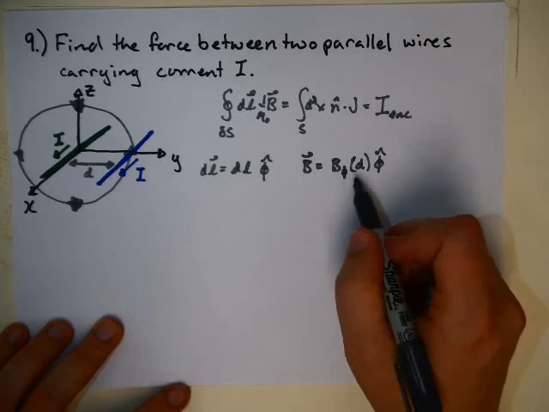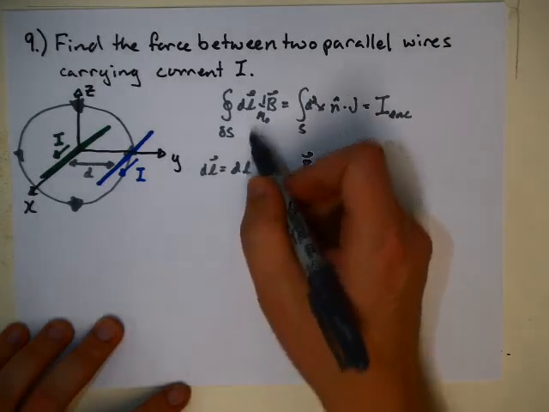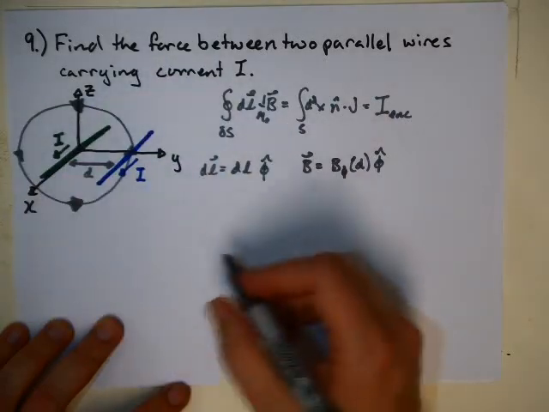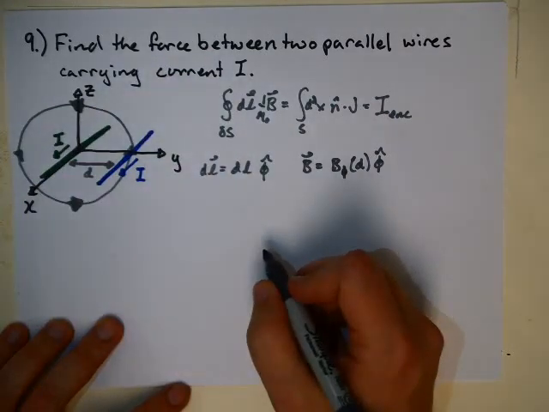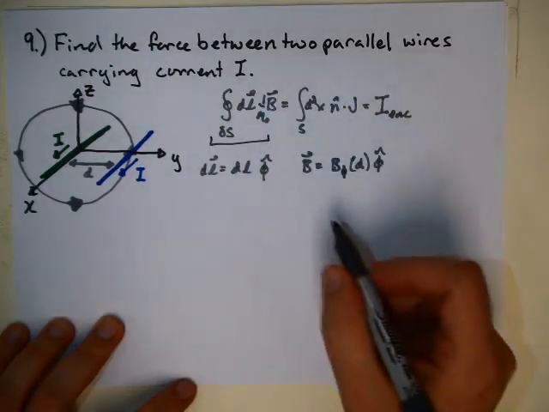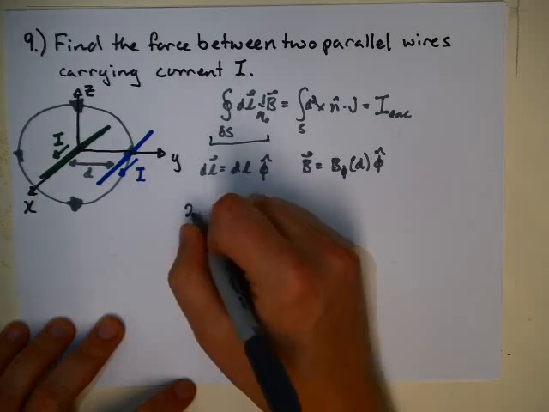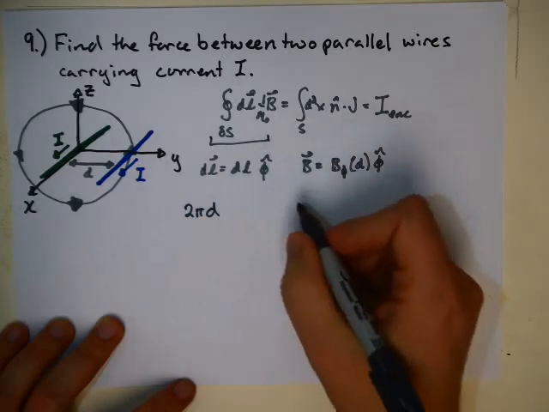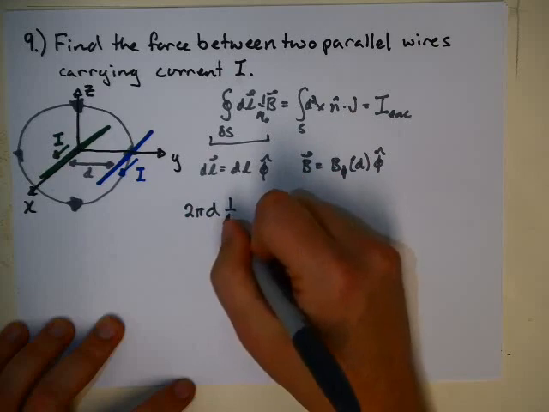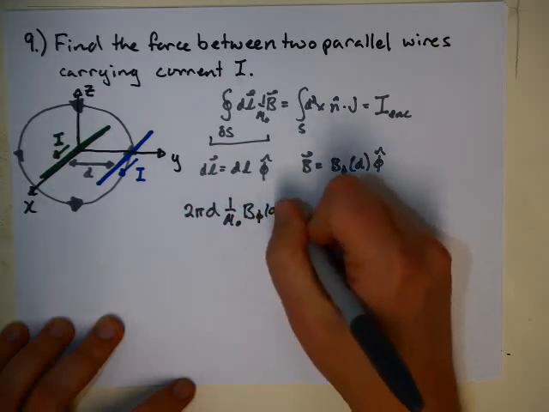But now this is independent of phi, and so we just need the length around the circuit. The length around a circuit is, of course, 2 pi d. And so the left-hand side of Ampere's law is going to give us 2 pi d times 1 over mu naught times b phi, the function of d.